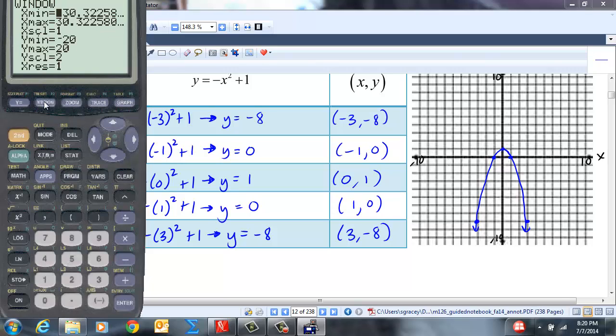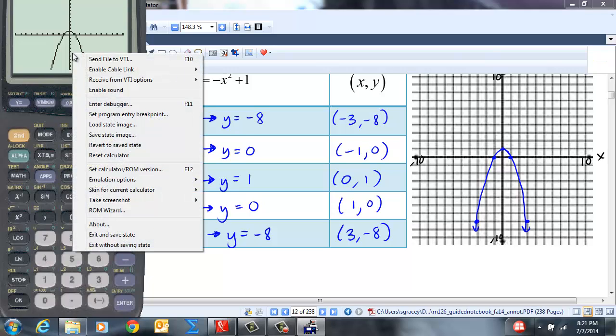But I want my window to be -10 to 10 on each axis. And I want the scale on the y-axis to be 1 this time. Let's see what we get. And we get something pretty similar. Okay?